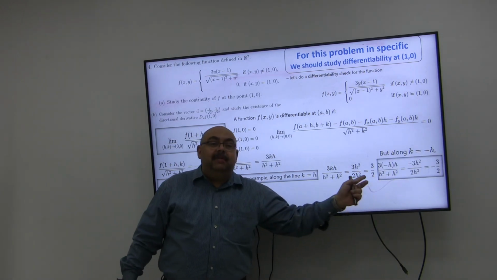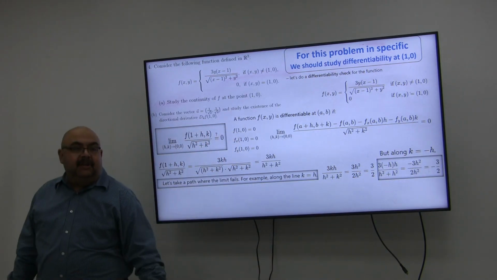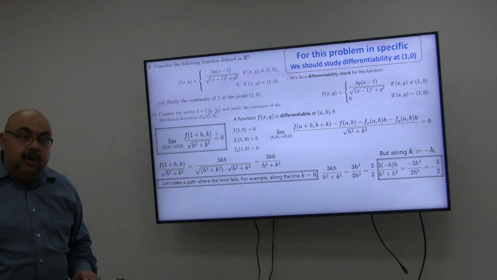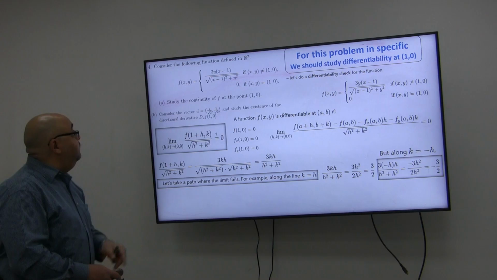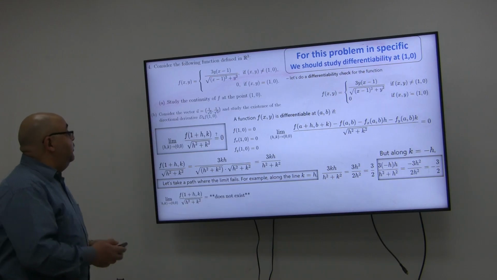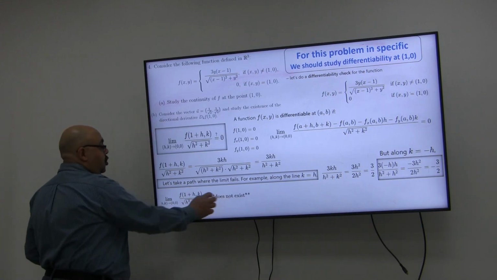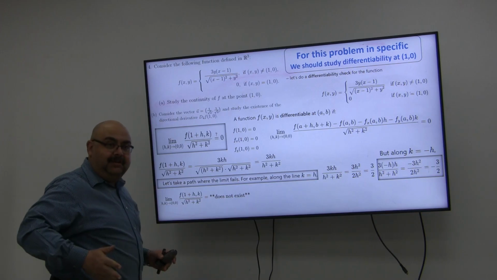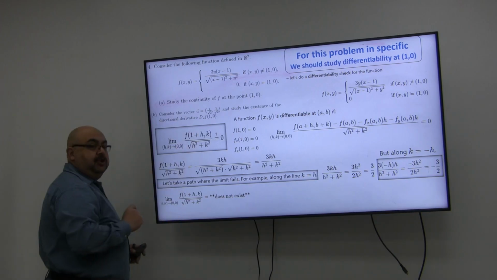So this limit doesn't exist. Once the limit doesn't exist, it means that this function is not differentiable. So remark, for this problem, the limit doesn't exist, or even if it exists but is not equal to 0, it's the same result: the function is not differentiable.